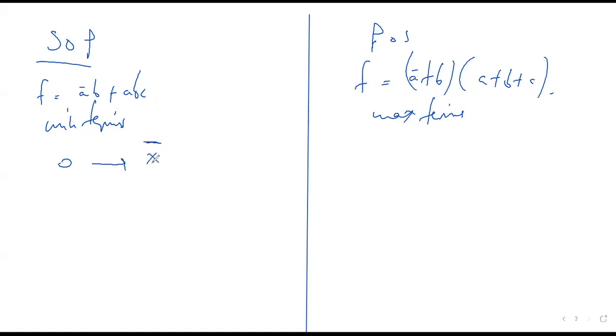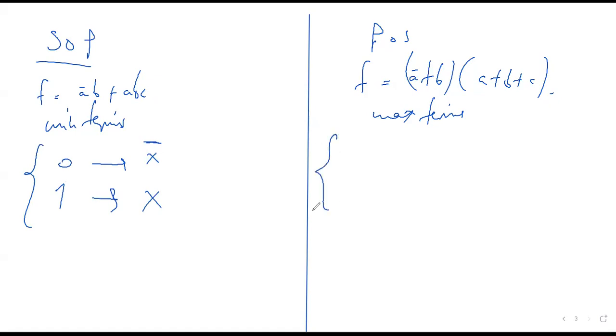When you talk of complement, we talk of this bar. If its value is 1, it remains uncomplemented. So if you have a 0, it becomes an x bar. You are given a variable x. If it is 0, it becomes x bar. If it is 1, it remains uncomplemented. These are the min terms.